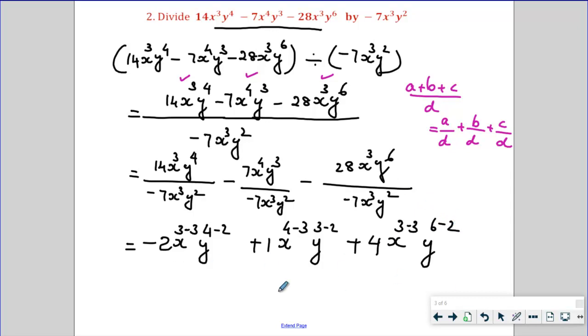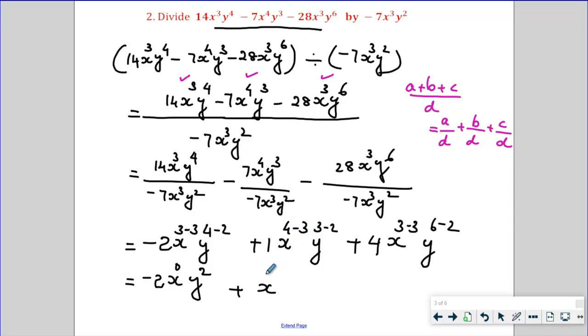Now we can simplify this one. By the simplification we can write minus 2, here x power 0, that is 3 minus 3, y power 4 minus 2 is 2, plus 1, 1 into x, so no need to write 1, x.